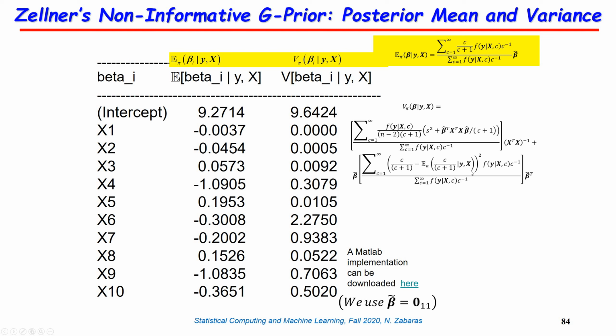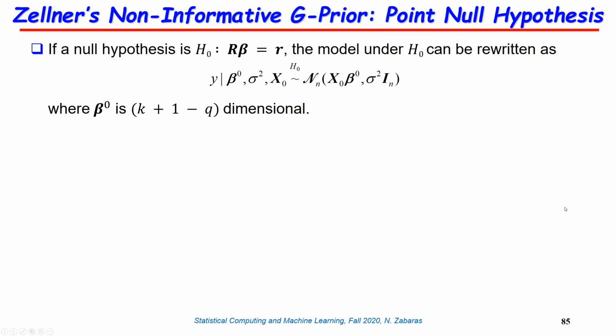And remember, in our prior model, we use that the prior mean is equal to 0. So you can actually go back and compare the results that you see on this table with the results that we got using other prior models. But here you anticipate that these results are really much better because we use a non-informative prior, since the effect of the parameter C has been integrated out.